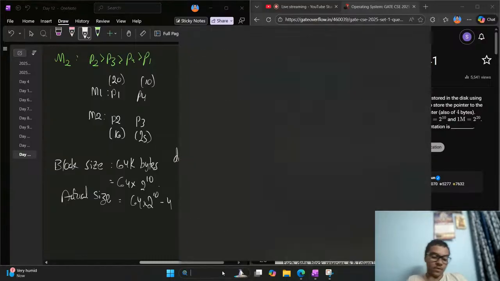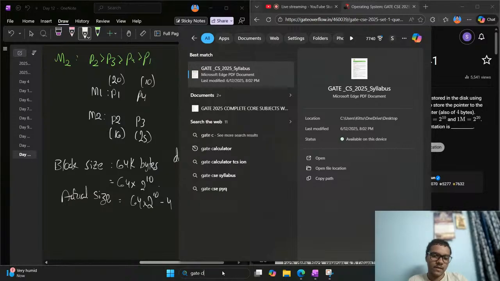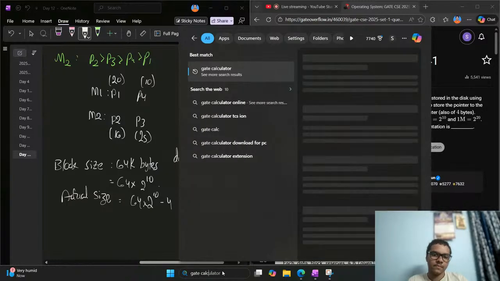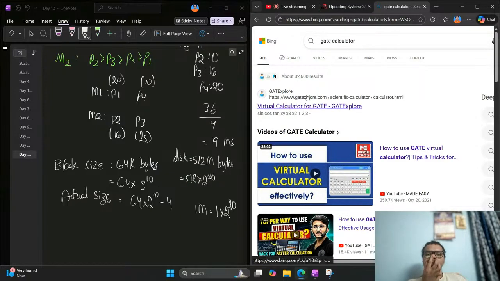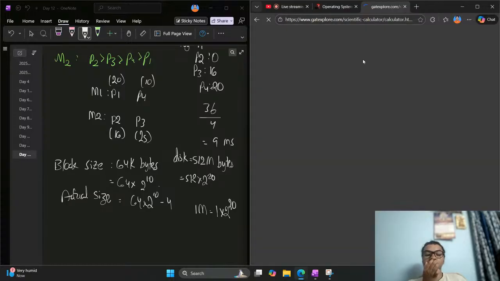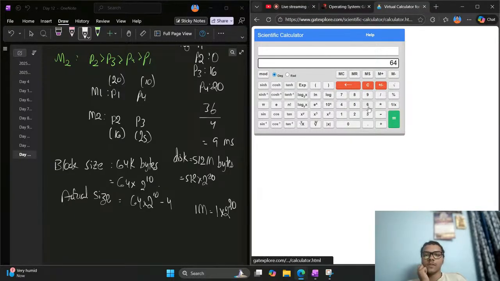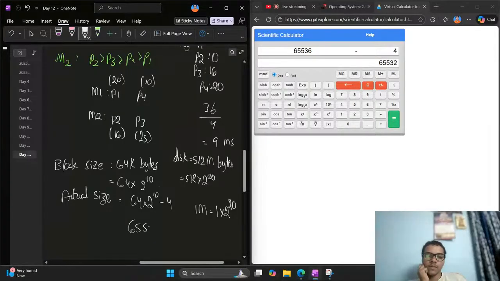Let's open our GATE calculator. 64 times 1024 is 65536, minus 4, 65532 can be stored in one block.